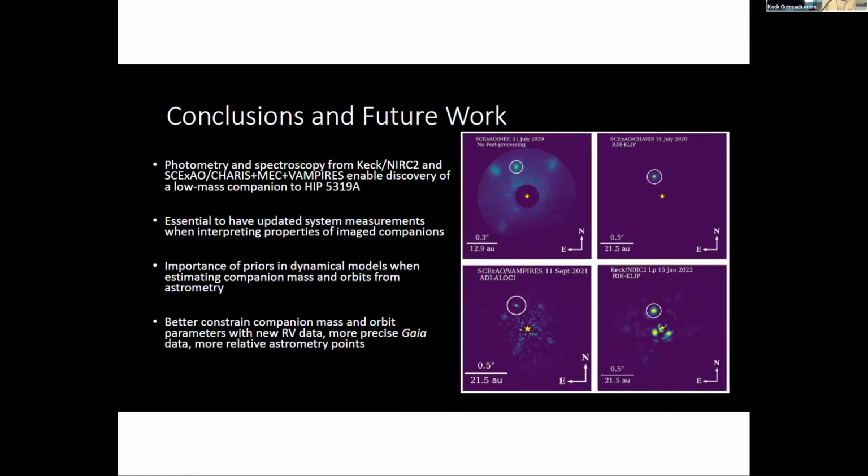Curious how hard it was to tie the astrometry between SCExAO and Keck, and what your sense is of which has better astrometry, and of course, in this room, the answer would be Keck. Yes, so the question was, was mixing and matching the astrometry between the two observatories a challenge, and which of them had better relative astrometry measurements.